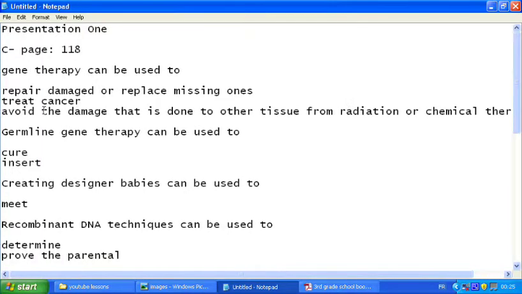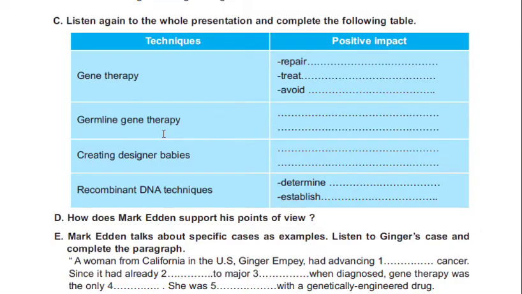Moving on to germline gene therapy. I'm reading from the passage in paragraph 2. Genes and artificial chromosomes can also be inserted into embryos in a process known as germline gene therapy.